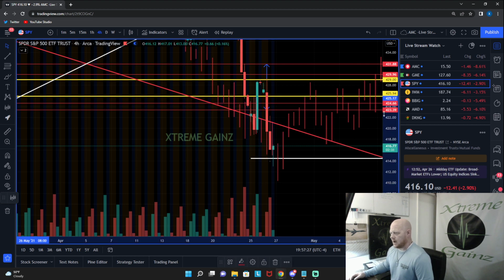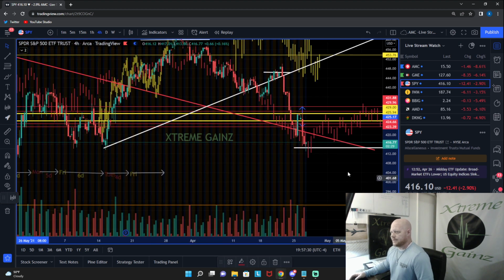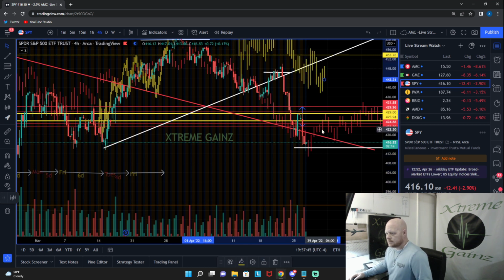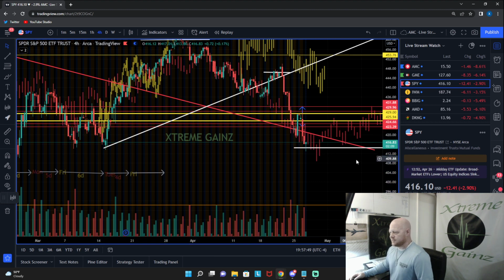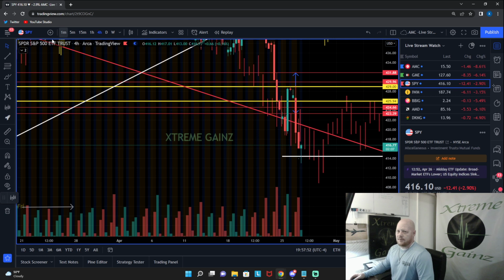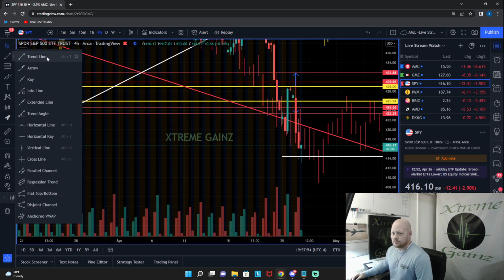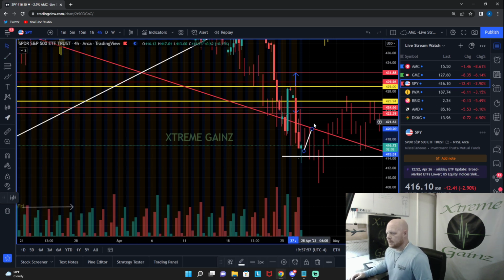Now, looking at this, I can see that it could potentially be in one of two positions. It could be here in this position where the bottom is already in, and the next movement would go right with the snake, a move to the upside to around the 429 area, or here where the bottom technically is not in yet, and this is indicating a potential short-term move to the upside, a rejection off of the macro descending third pull, and then back down for that bottom to get put in.